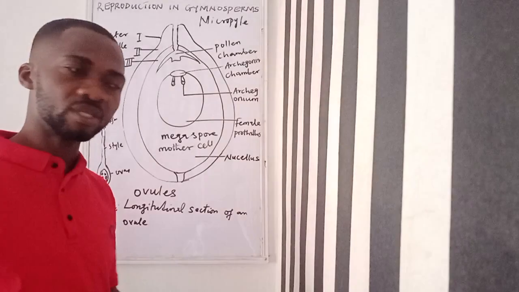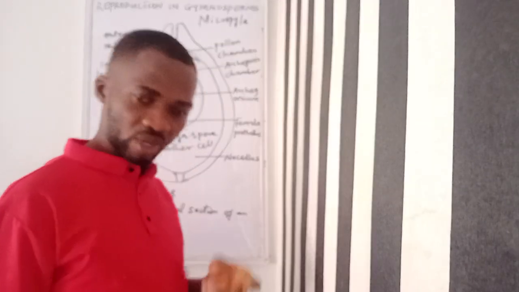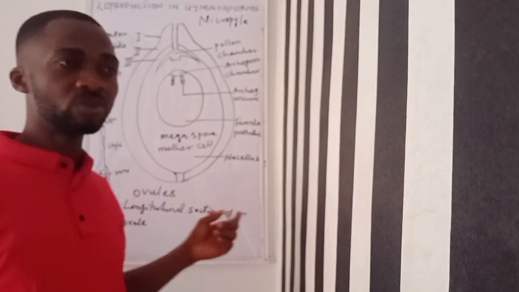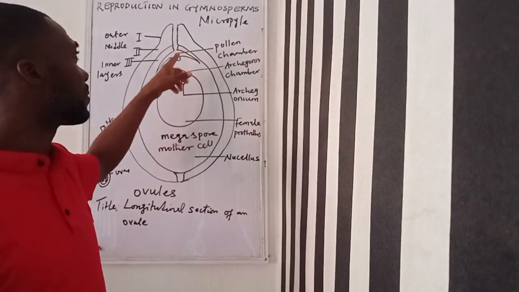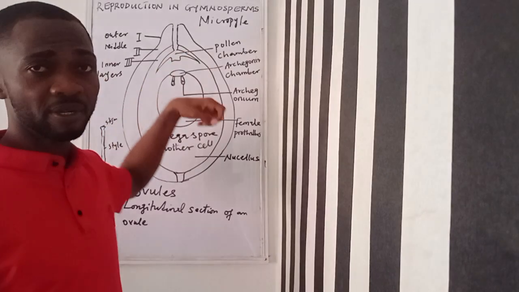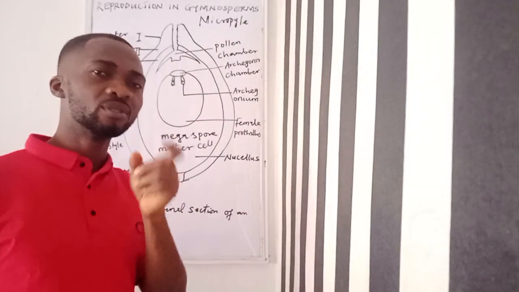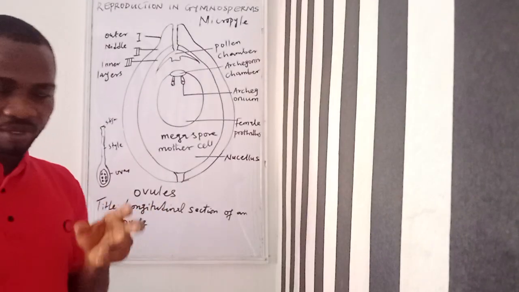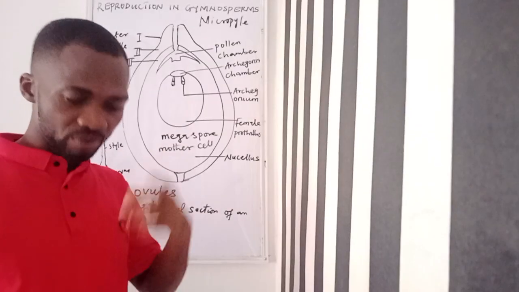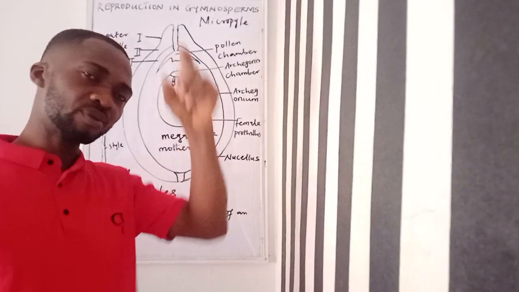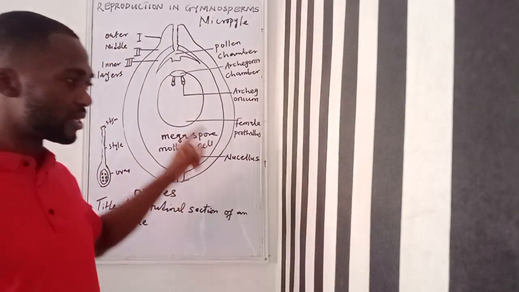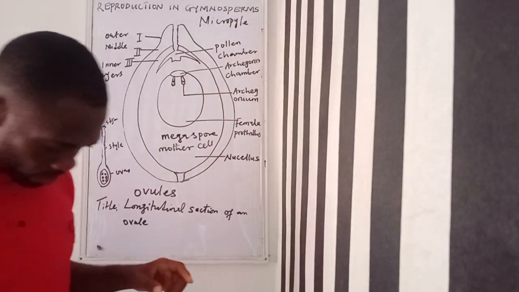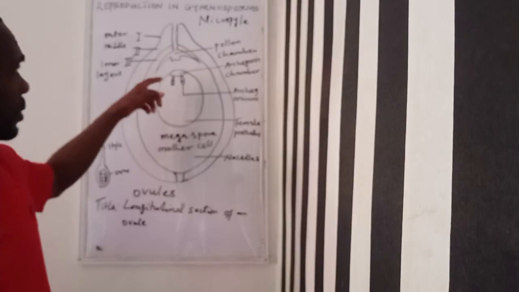This chemical helps to attract the male structure, the pollen grain. I mentioned this same chemical in the case of pteridophyta, where the archegonia release the mucilage, or the malic acid, that helps to attract the antherozoid. In this case, we're using the pollen grain.